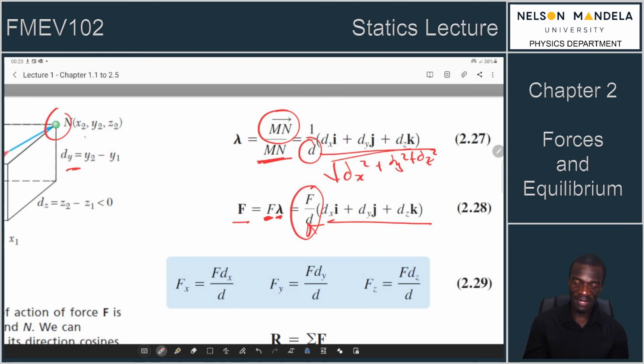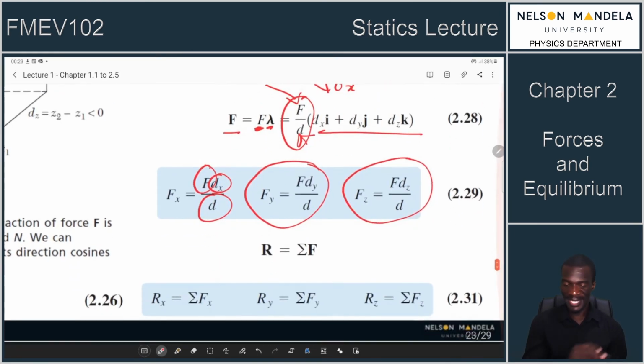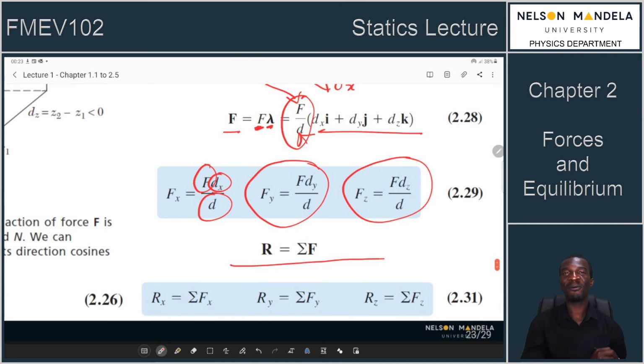So it means you now have your F in the x is simply equal to this magnitude F, which you had already, multiplied by the x direction over its magnitude. The same applies for the y, the same applies for the z. So in the end, when you sum up all the forces, you now know the components of a three-dimensional case.